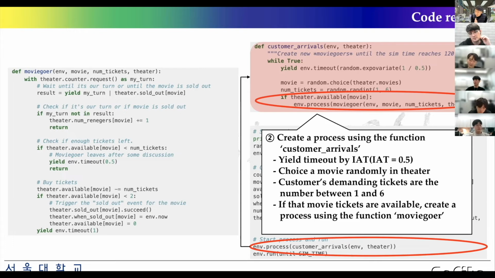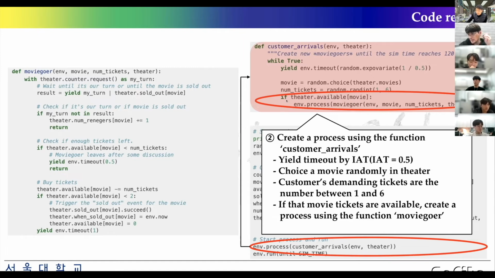But if there are no tickets remaining, meaning this member attribute, the available, equals 0, this part is not triggered. So the first branch is the case with a positive number of remaining tickets.